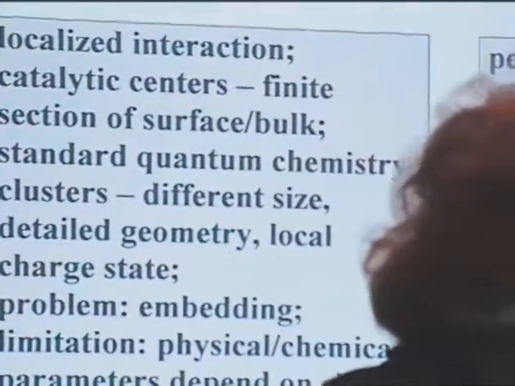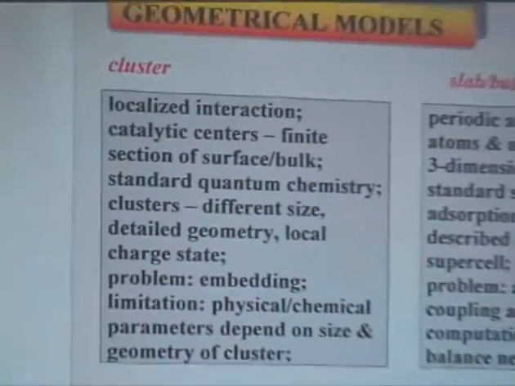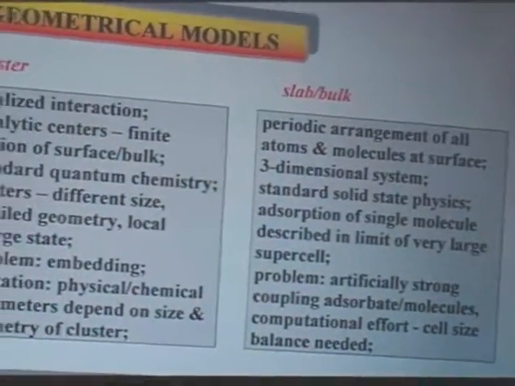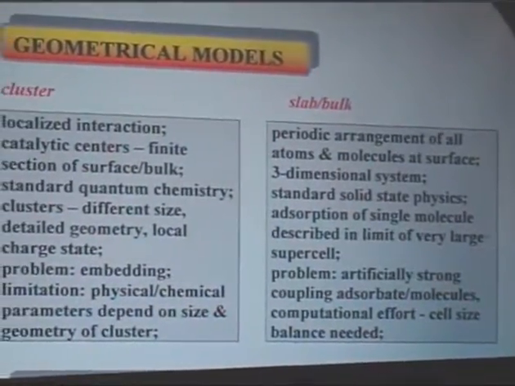As far as the surface is concerned, we have two possible models. We can deal with a cluster model or with a slab bulk model. The cluster model assumes localized interactions near the atom in the active center.